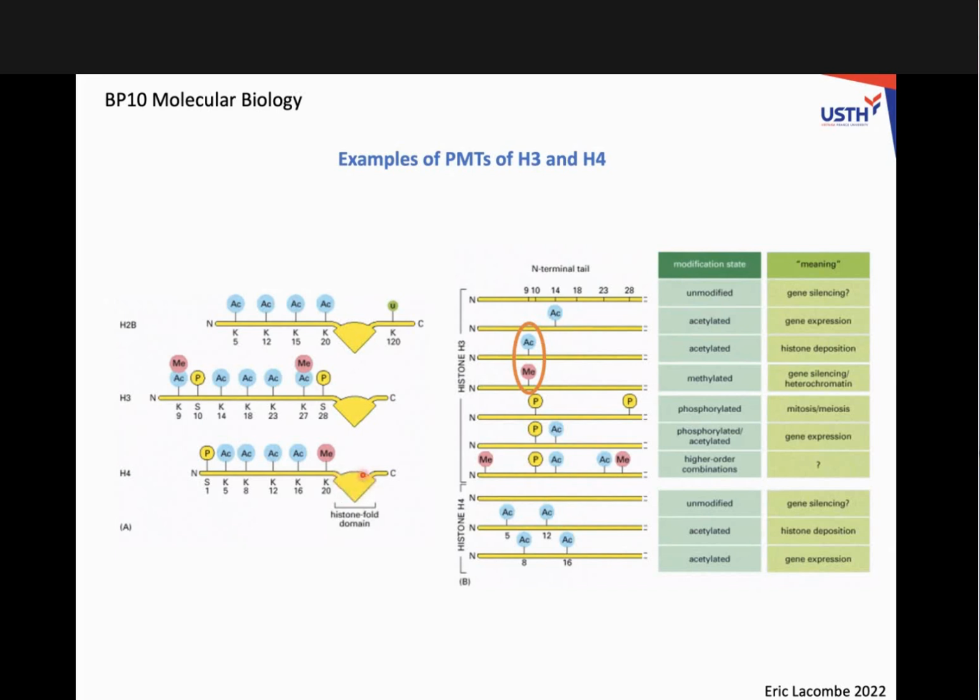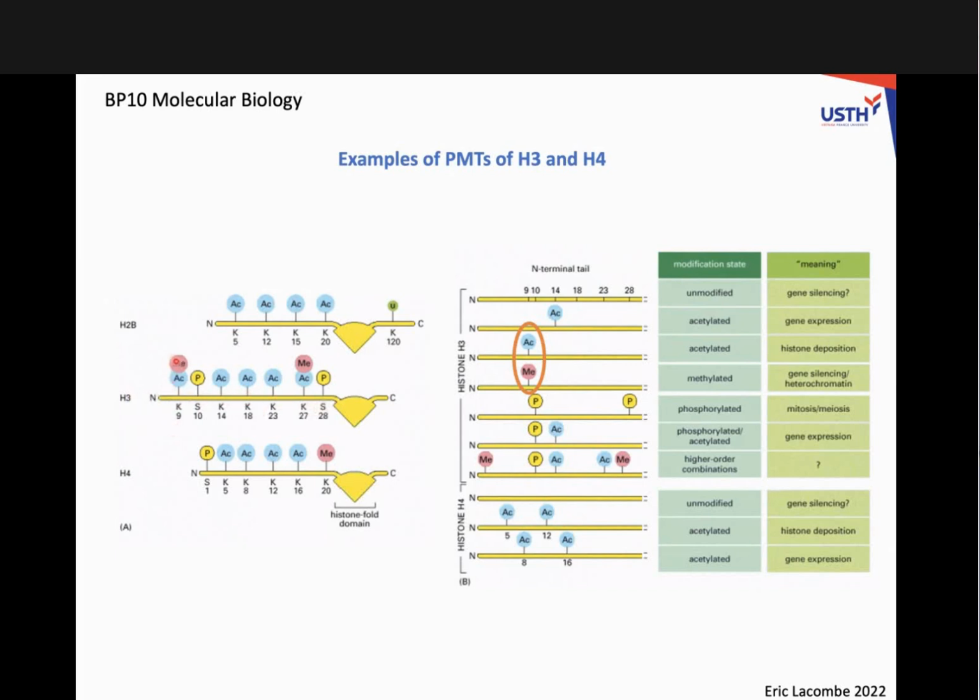Technically, it's the biggest part of the protein, the part that is inside the nucleosome. It's like a part of a pie, so you need 8 of those to make the nucleosome. And this part of the protein is the N-terminal part.